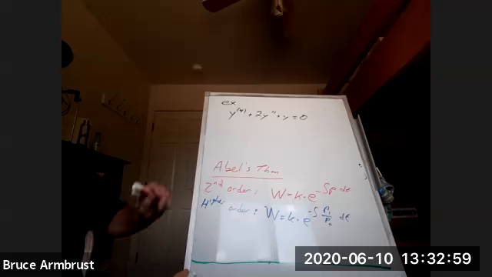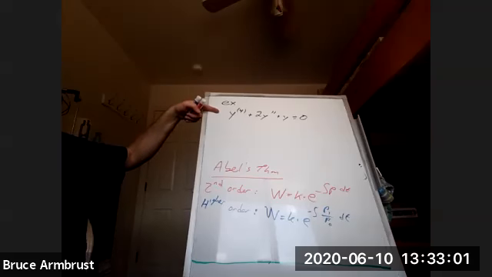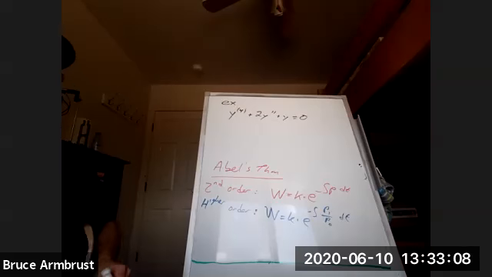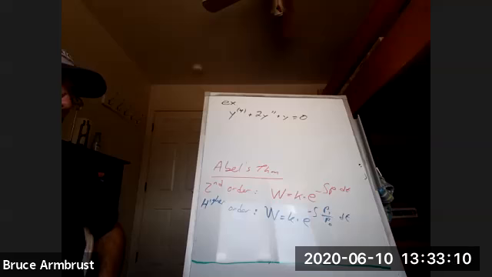So this would have 4 functions in its fundamental set. That's because of the fourth derivative here. So we would have a 4x4 matrix if we wanted to actually calculate the Wronskian.